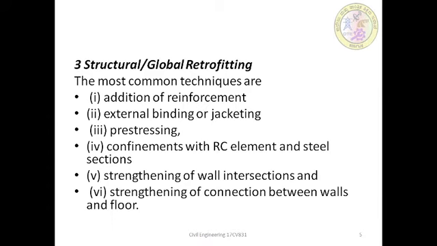The most commonly applied techniques are: the addition of reinforcement, external bonding or jacketing, pre-stressing, confinement with RC elements and steel sections, strengthening of wall intersections, and strengthening of the connections between the walls and floors.